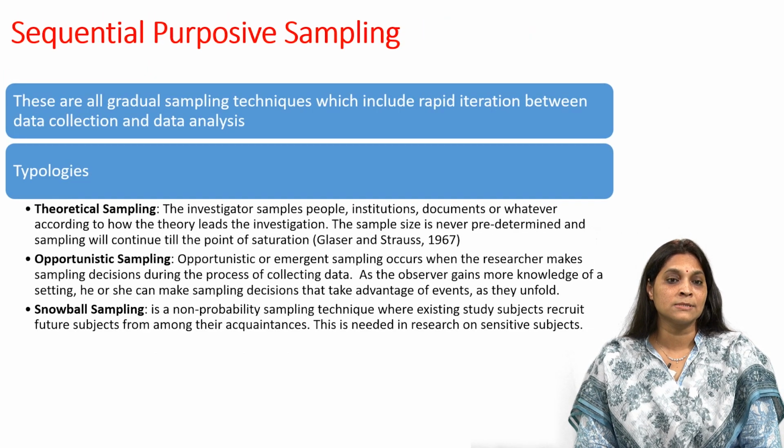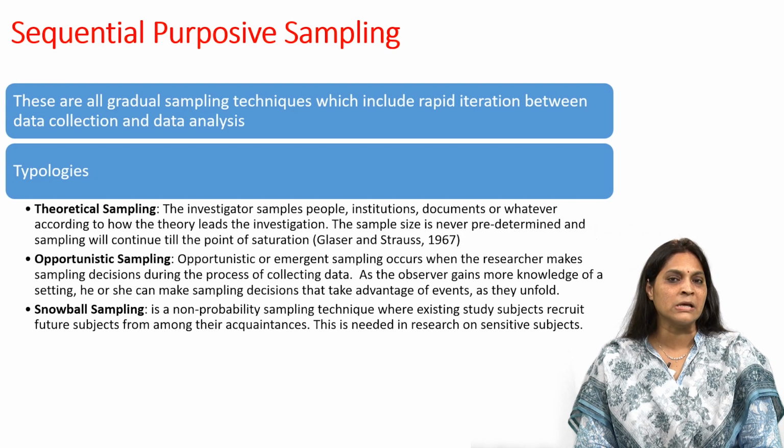Now, coming to sequential purposive sampling. What is the meaning here? What are the objectives here? These are all gradual sampling techniques which include rapid iteration between data collection and data analysis. That means while you are doing sampling for data collection, your data analysis also goes hand in hand.